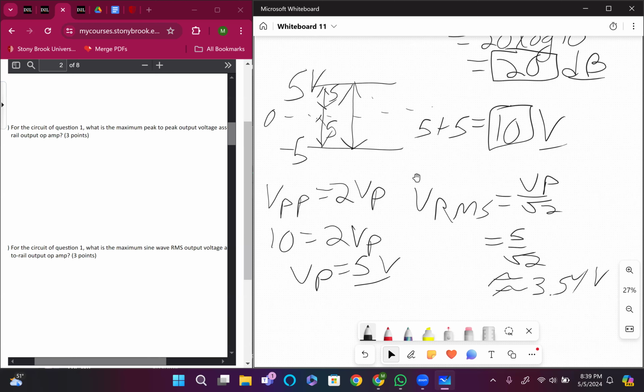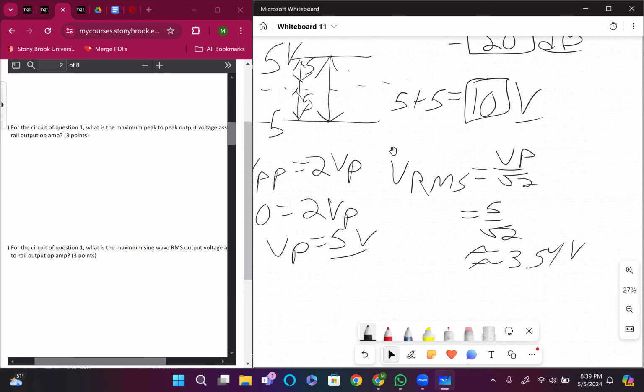Using these 2 formulas, we can deduce that the maximum sine wave RMS output voltage is approximately 3.54 volts, because we're dividing by root 2. It's 3.53553, which rounded to the nearest hundredths place is 3.54 volts.